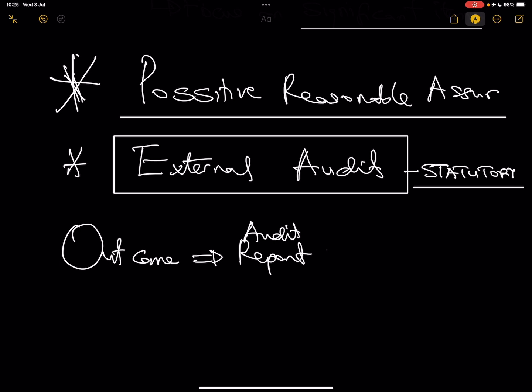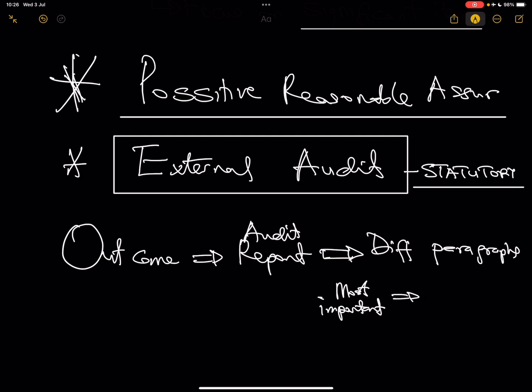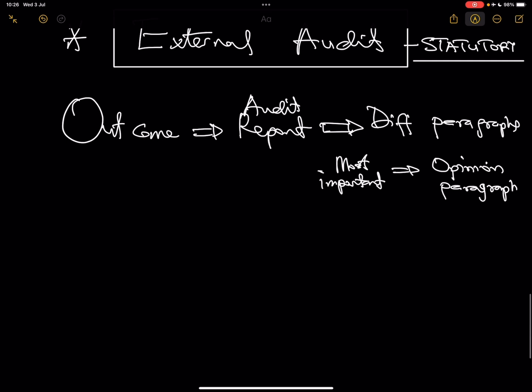In the audit report, there are different paragraphs, but the most important paragraph, which everybody is interested in seeing, is the opinion paragraph, where the result of the audit is stated. It's the opinion paragraph that states whether the report is good or bad.